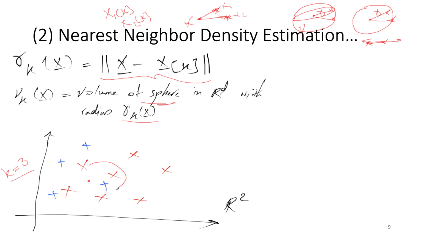So what's going to be these 3? It would be 1, 2, 3. These 3 are the closest ones, right? So I draw a circle here because it's R2 and I'm here. So these 3 are my nearest neighbors and my current position is here.